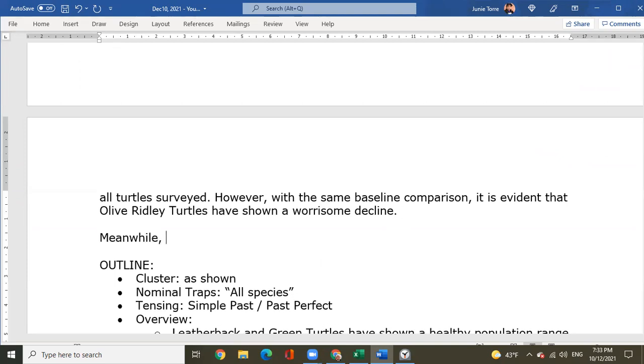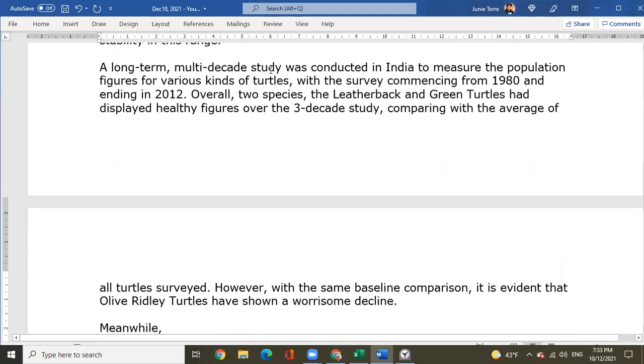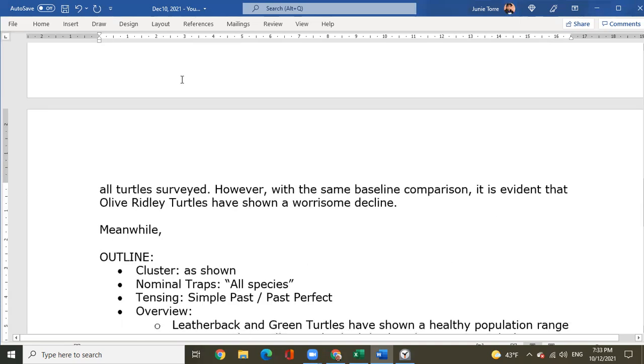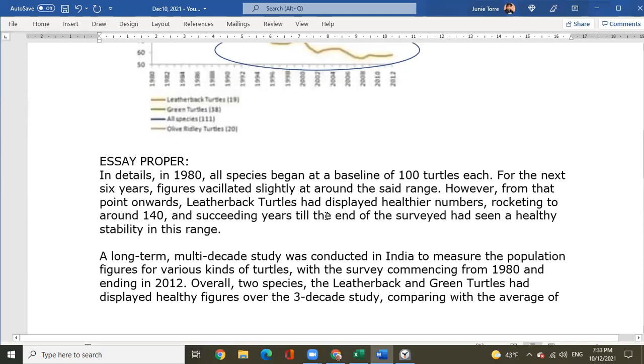Meanwhile, what's the next one? All right. We are in the overview. Where are we? We're here. All right. In details, I've seen a healthy stability in the range. Then we're now proceeding to green turtles.